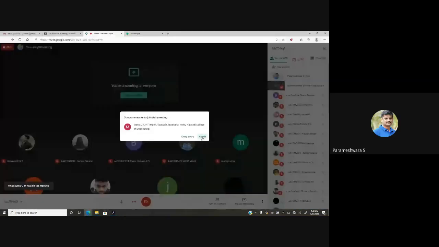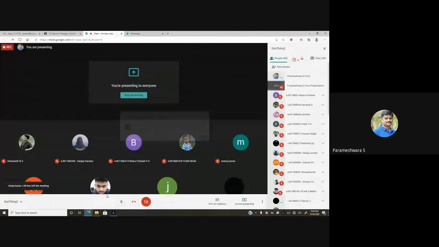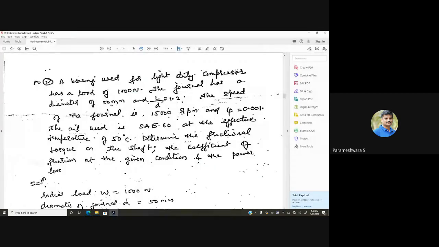A bearing used for a light duty compressor has a load of 1000 Newton, and the journal has a diameter of 50 mm, and the L by D ratio is given, that is 1.2. The speed of the journal is 15,000 rpm, and the psi value is given, that is 0.001.